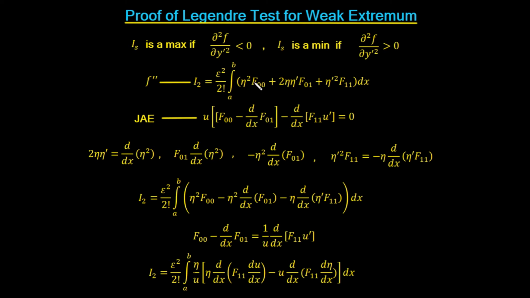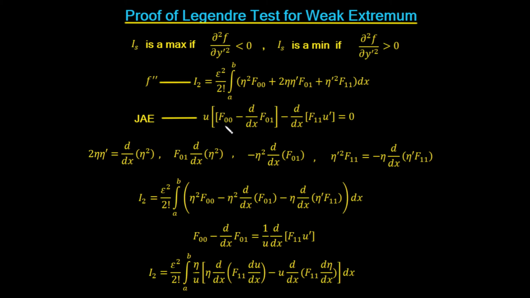You can see here we've got f00 and we've got our f01 here. So what we're able to do is change this equation slightly so that it looks more like the form that we have here.